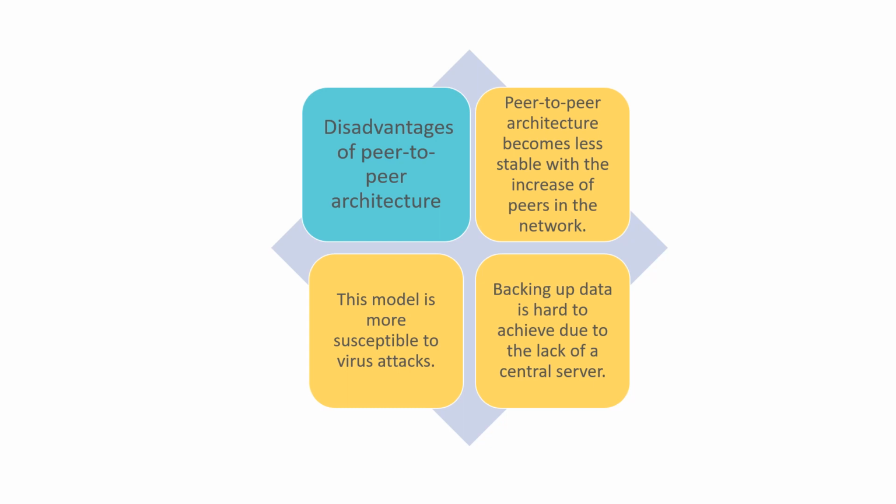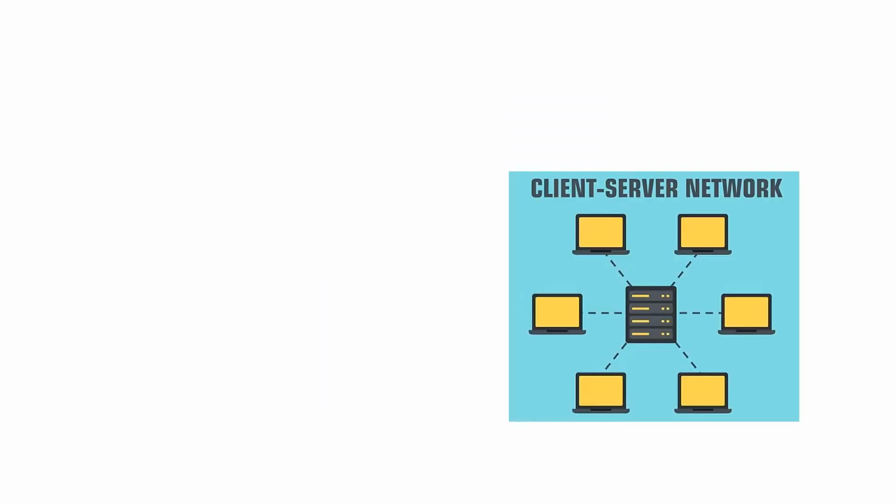And backing up data is hard to achieve due to the lack of a central server. So since there is a lack of a central server, the backing up of data is hard. So these are all the disadvantages of this peer-to-peer network architecture.